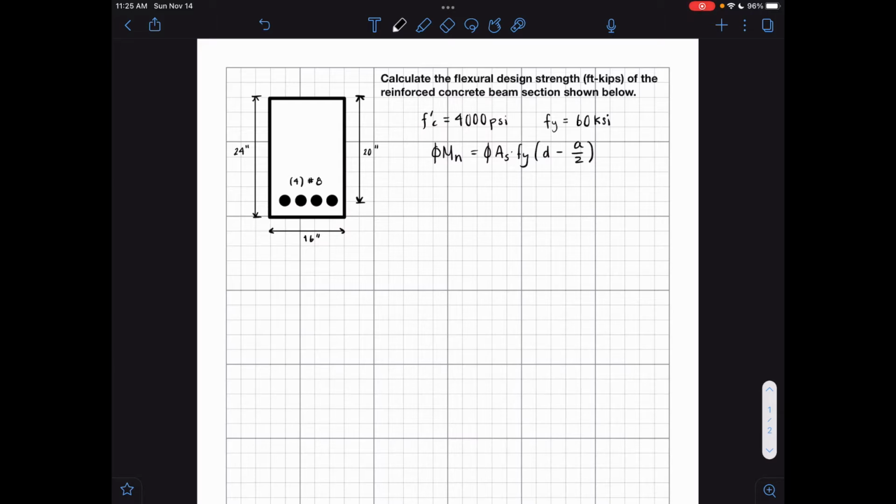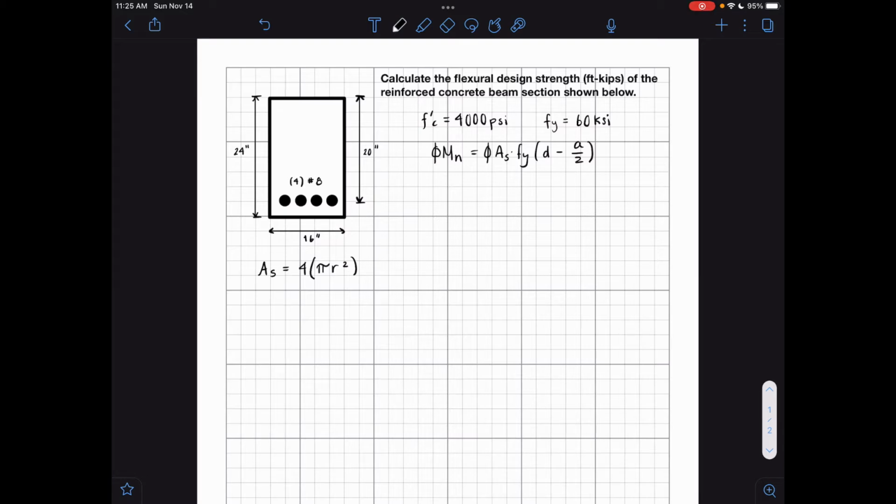The first thing that we need to determine is our As value, the area of steel. The area of steel is simply the area of these steel rebars over here. So we can say As is equal to 4 times pi r squared.